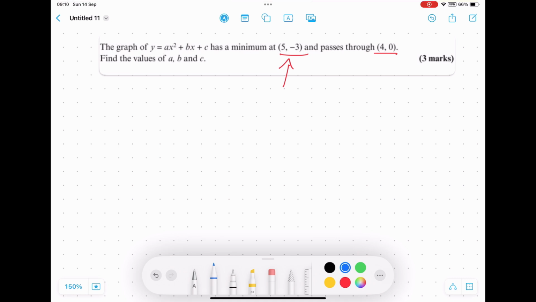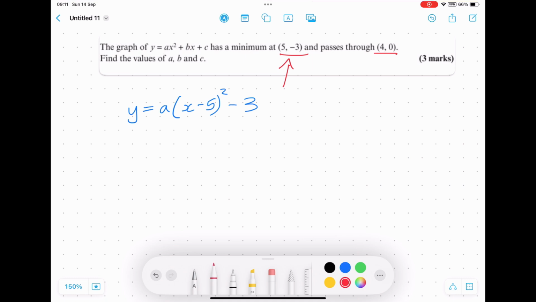So if we use (5, -3) and write out the quadratic in completed square form, we know the 5 is going to relate to a(x minus 5) in brackets squared, and the minus 3 will simply be minus 3, the y component of the minimum point.